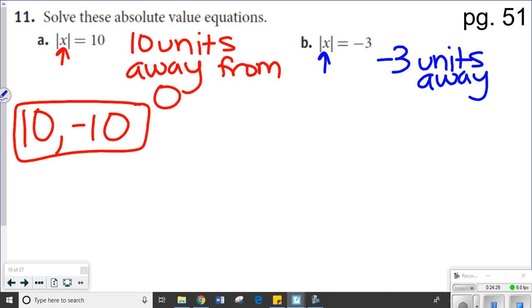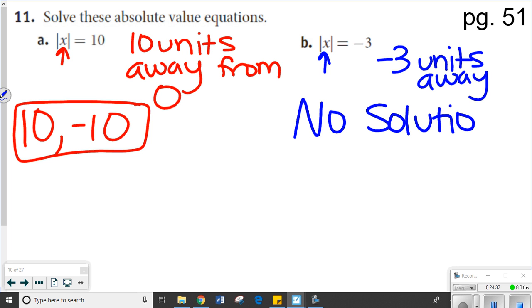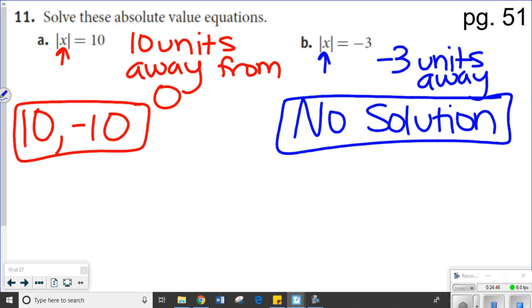Even if I'm running backwards, I'm still running 3 miles. So this has no solution because we cannot move -3 units away. If I'm moving 3 to the right and 3 to the left, it's still 3 units. So this has no solution because absolute value cannot equal a negative number.